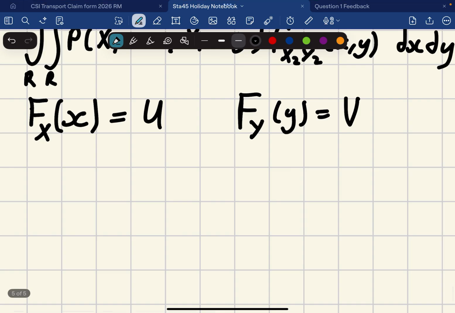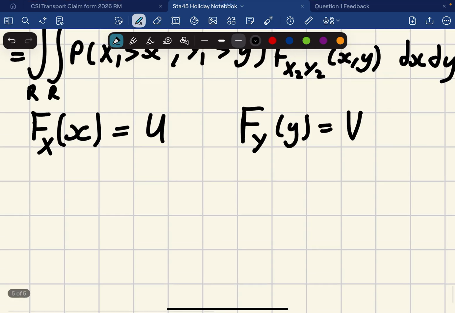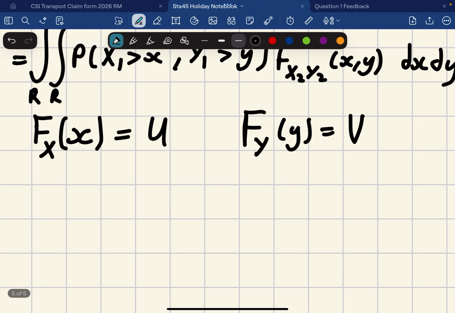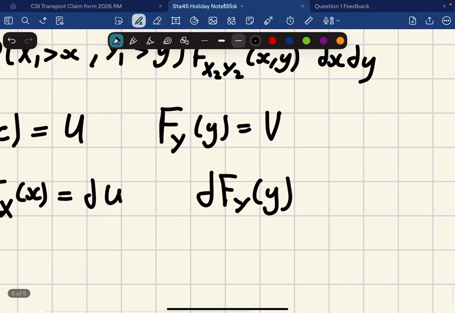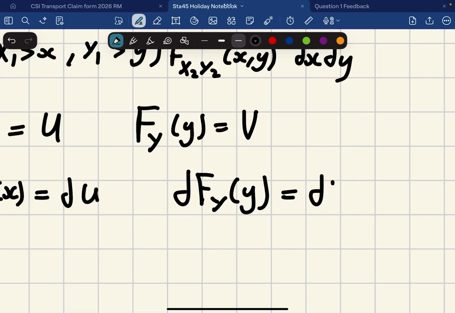So that clearly means that when we differentiate both sides, dFx is going to be du, and dFy is going to be dv.